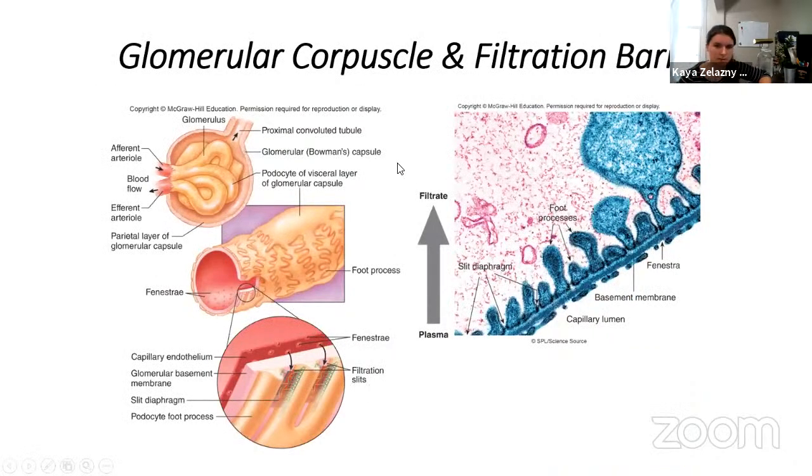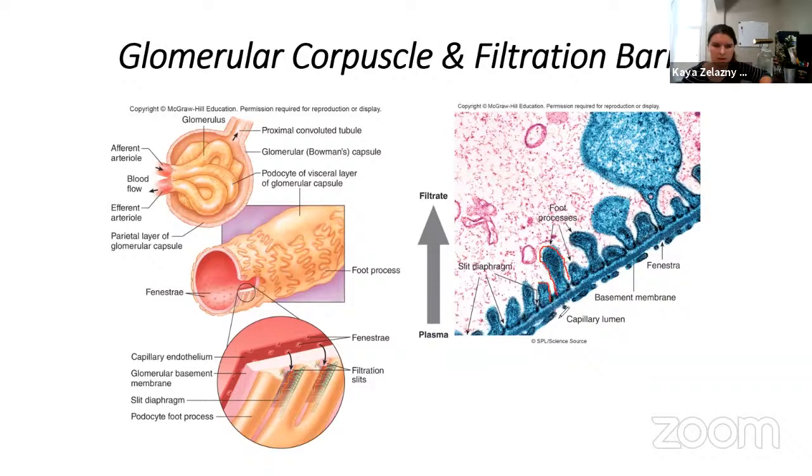Here we see zoomed in even more what this would look like. Here we actually see histological stuff. So here we see the foot processes, those pedicles of the podocytes. Here we see those slit pores, these spaces between.